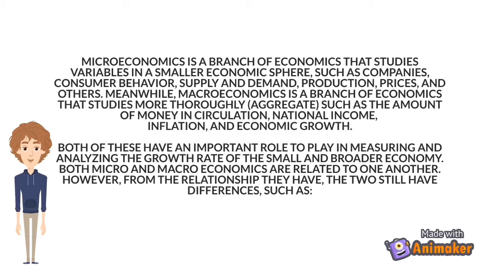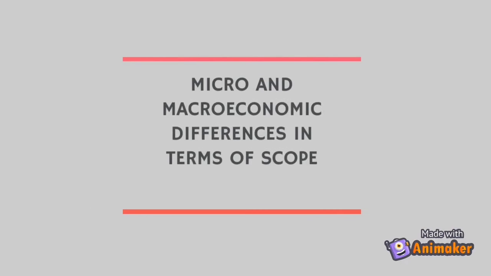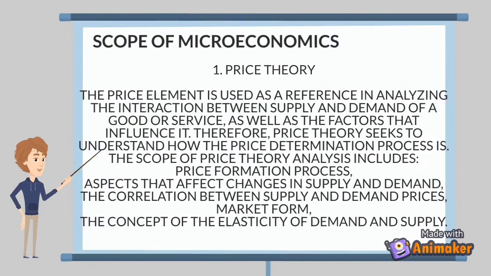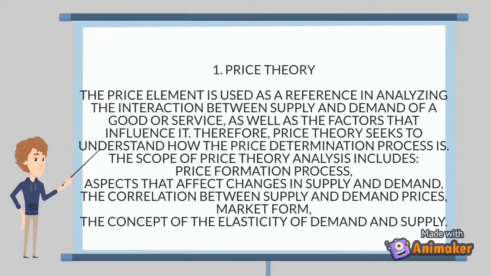However, from the relationship they have, the two still have differences. Micro and macroeconomic differences in terms of scope. Scope of microeconomics. 1. Price theory. The price element is used as a reference in analyzing the interaction between supply and demand of a good or service, as well as the factors that influence it.